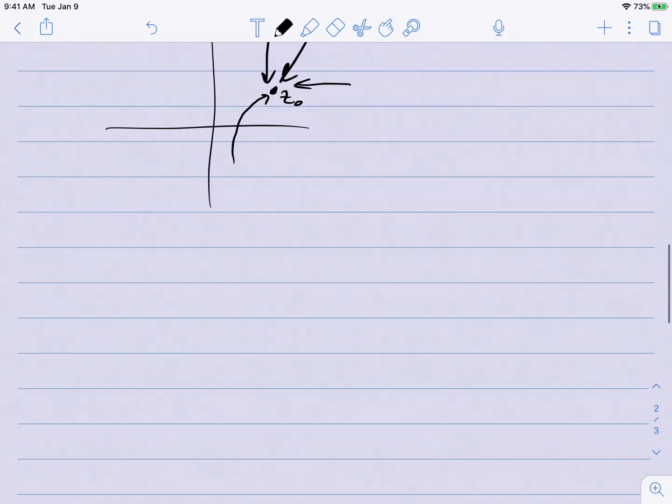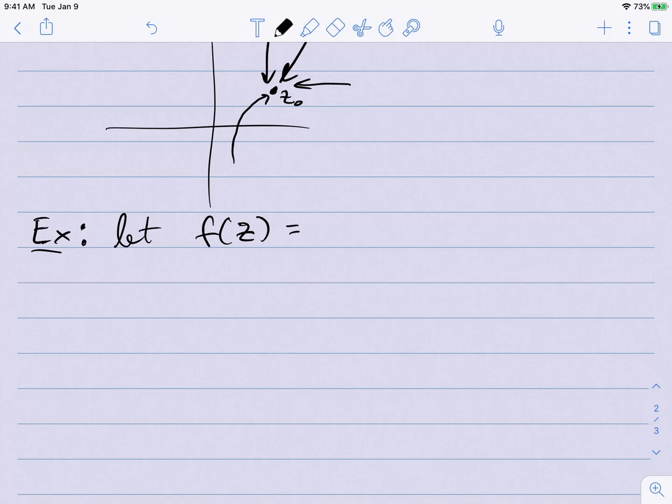So let me give you one example of that. Let's do an example of a case when a limit does not exist. It's one of the simplest functions you could think of. I'm going to let f of z be equal to the conjugate of z divided by z, so z bar over z.